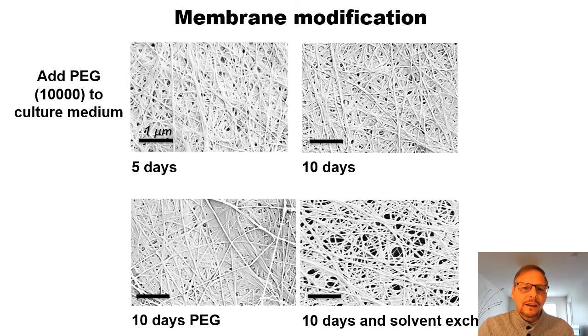And you can see how the structure, the morphology of the membrane, is changed. In the bottom right, by the way, I show how the porosity can also be affected by solvent exchange. So we have now a much more open membrane. So quite nicely, we can control the porosity and permeability of membranes.